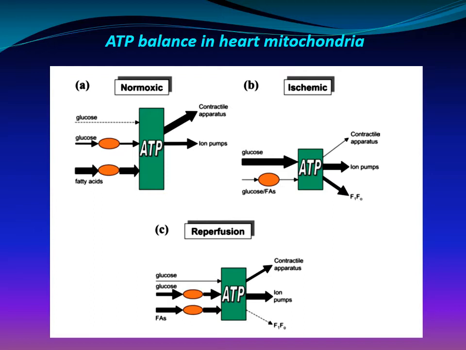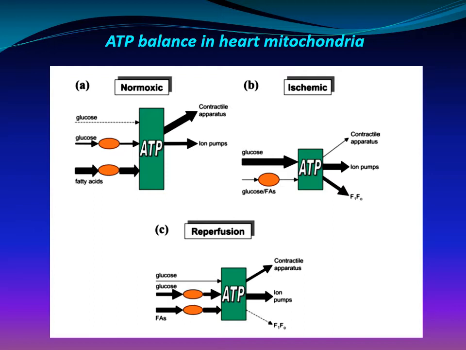In the ischemic heart, the heart muscle utilizes glucose as the major energy source via anaerobic oxidation due to hypoxic condition. The ATP produced is mainly utilized by ion pumps and F1, F0 ATPase compared to the contractile apparatus.